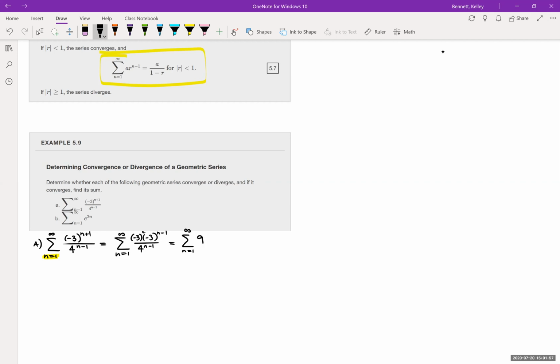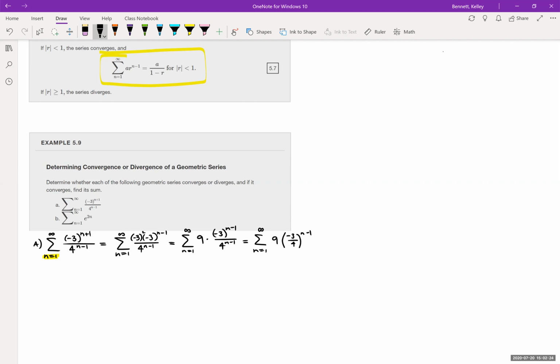So now we have 9 times -3 to the n minus 1 over 4 to the n minus 1. And since both of these are being raised to the same power, I can go ahead and combine them as a single term. So I get n equals 1 to infinity of 9 times -3 over 4 to the n minus 1.